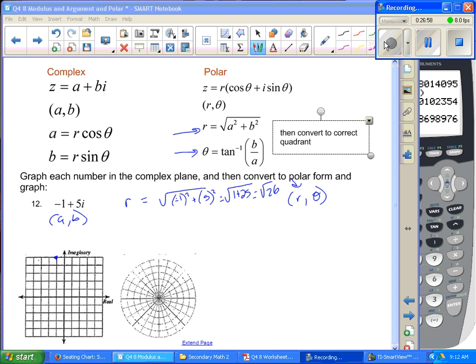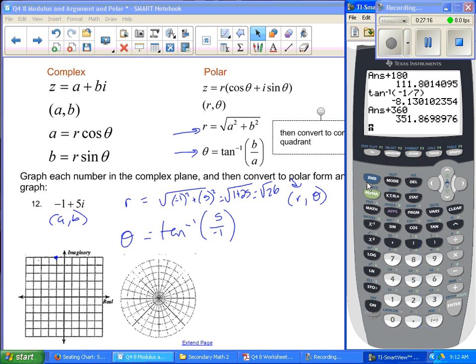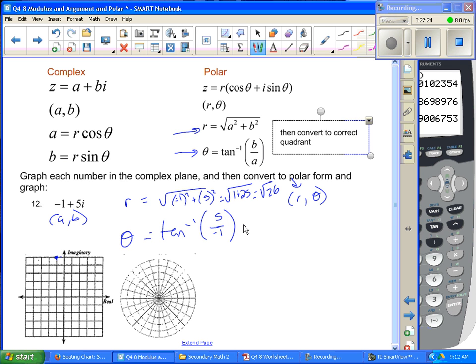Okay, to get your theta, I just do inverse tangent of b, which was 5, over a, which was -1. But like the other ones, you have to make sure you're in the right quadrant. So we still have to check and make sure we end up in the correct quadrant. Inverse tangent, 5 divided by -1 is just -5, so I type in inverse tangent of -5. So I get -78.6.